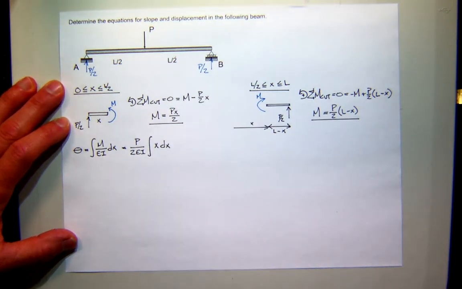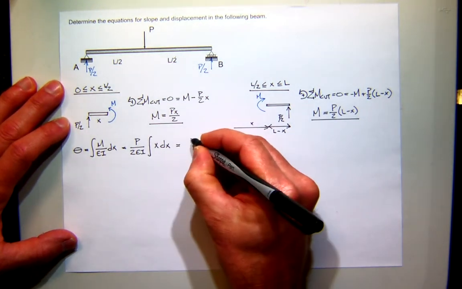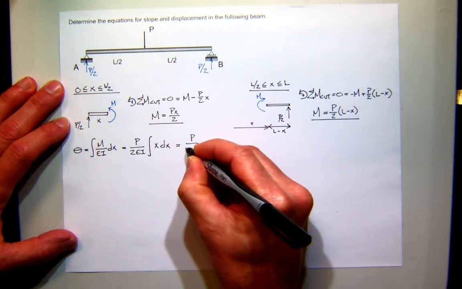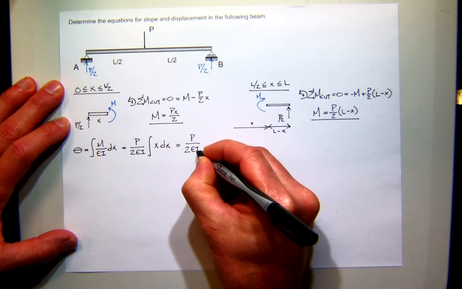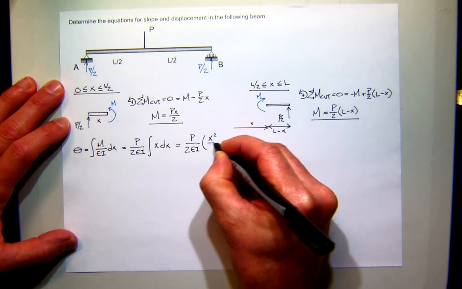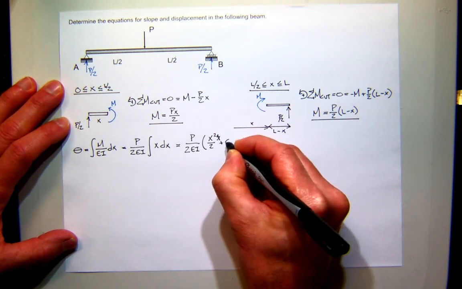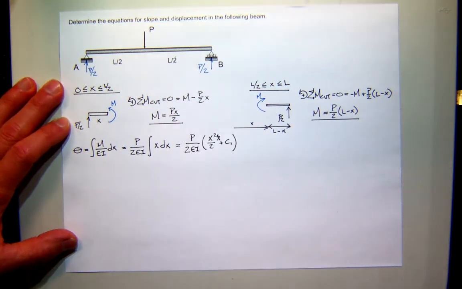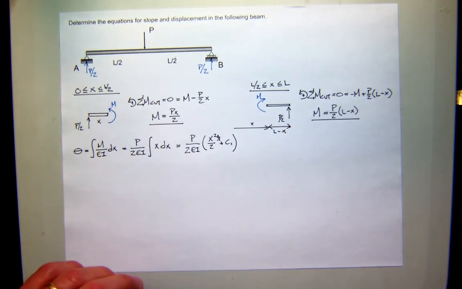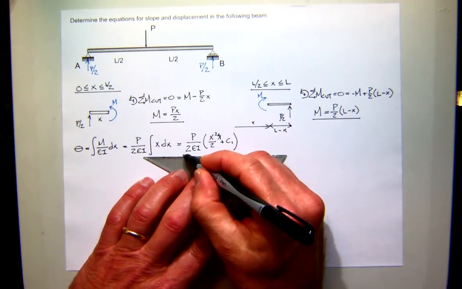Not too challenging. So that ends up being P over 2EI times x squared over 2. Oh, almost forgot, plus a constant. So there's my equation for slope.